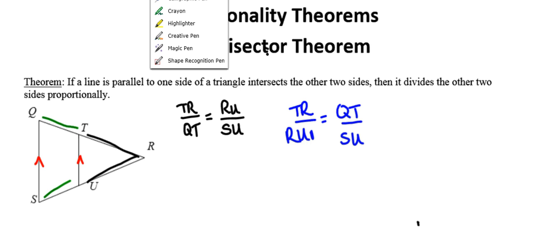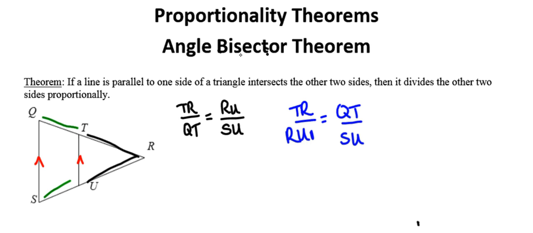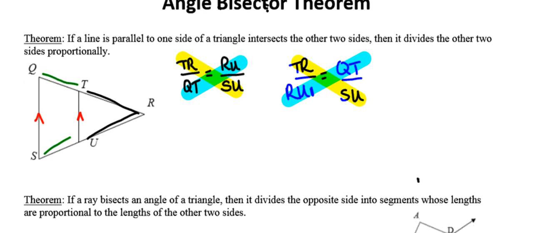Notice that no matter which way we write this proportion, when we cross multiply, we're multiplying side TR times side SU in one direction, and multiplying side QT times side RU going in the other direction. So it doesn't make a difference which way you write your proportion, they are both correct. So that's the first one of the three that you need to know from this video.